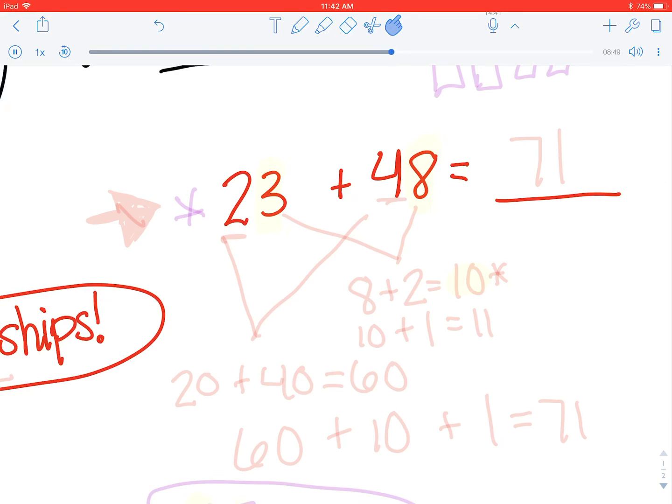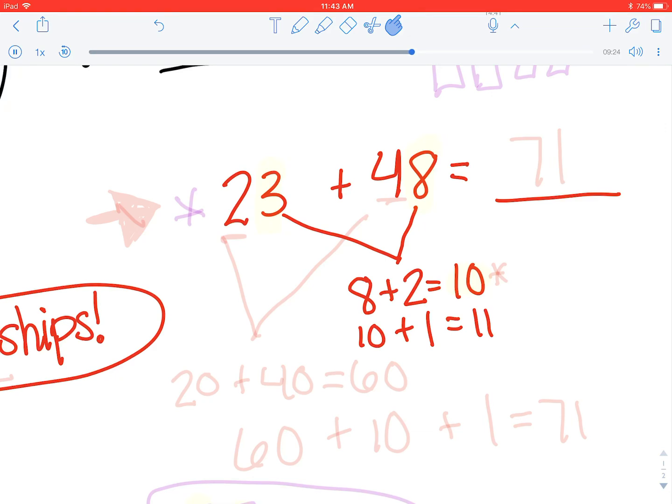So again, adding the ones up, they should notice, well, since I know that 8 plus 2 is 10, 3 is just 2 and 1, so 8 plus 2 is 10, and then plus 10 plus 1 more equals 11. So I'm writing this out to show you, but again, students should be and will eventually be able to understand this and do this in their head.